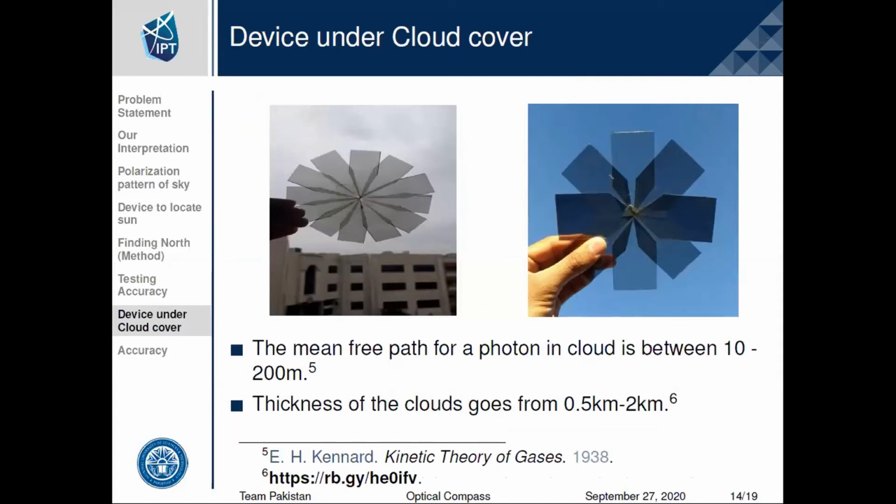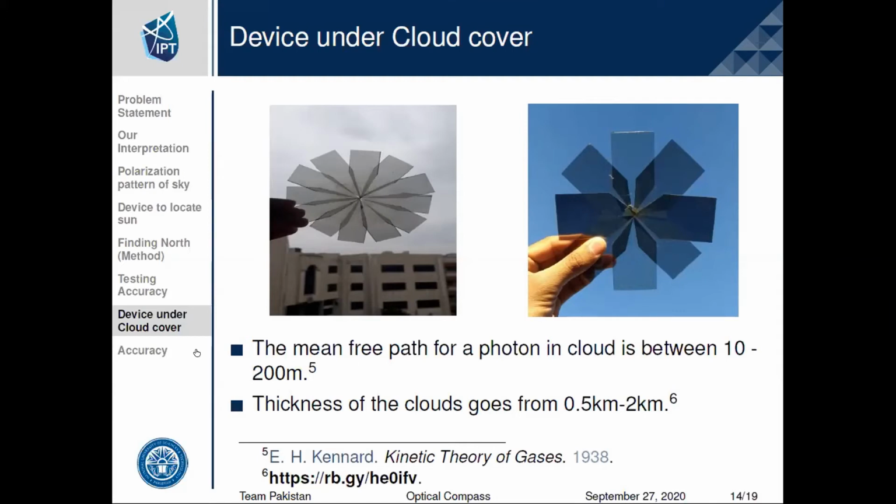Okay. So the thing is that we did find some studies which investigated the polarization under cloud cover, and they used very sensitive equipment. So when the word inexpensive was used, we just interpreted it as something that we could easily compute on our own.